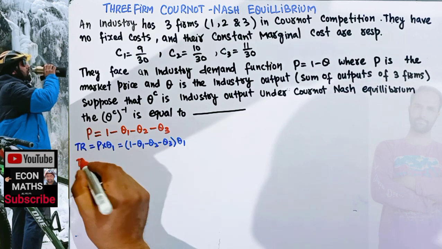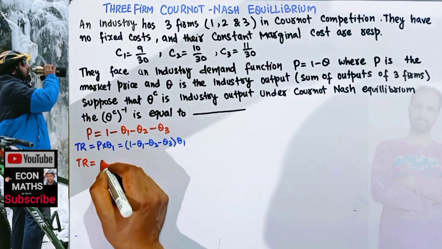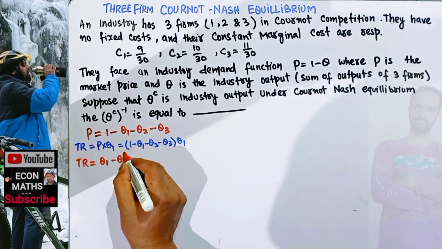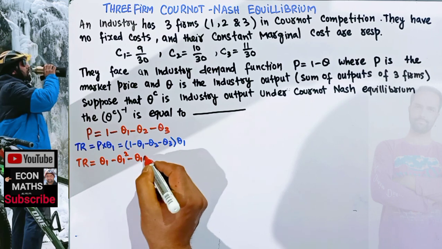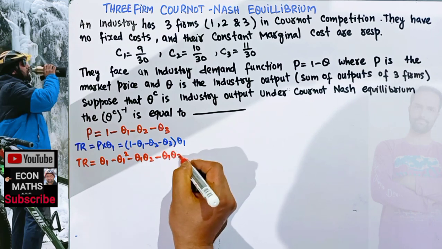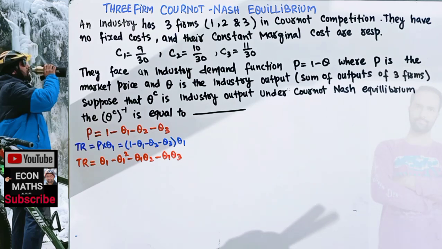So our total revenue will be equal to Q1 - Q1² - Q1Q2 - Q1Q3. Now what is marginal revenue?